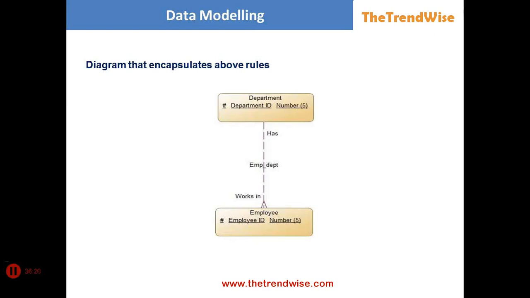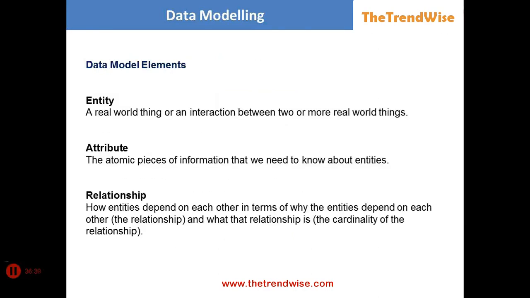We'll discuss what a primary key and unique keys are. What else can be there? We can have the name of the employee stored in this entity. We can have the contact address, contact number, email ID and everything related to the employee. All of those will become part of the attributes of an entity. Okay, and then we have the relationship, which defines how entities depend on each other, why they depend on each other and what that relationship is.